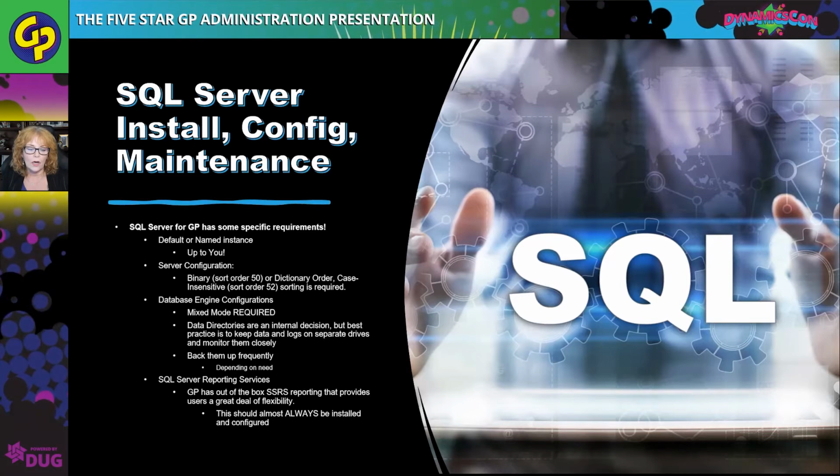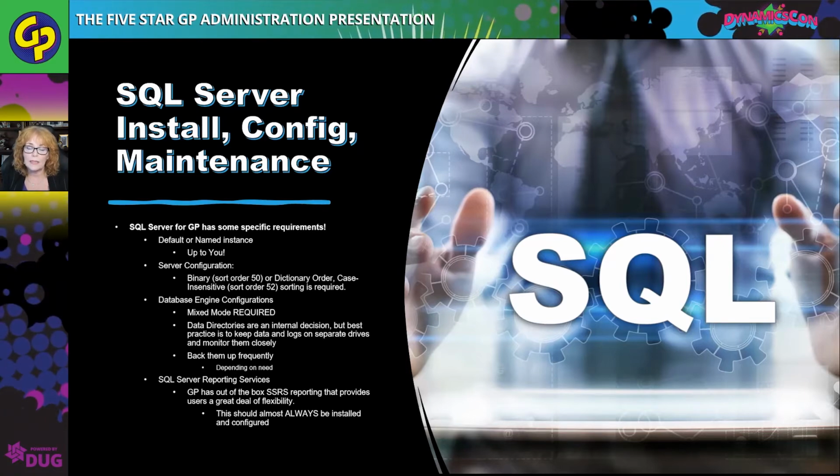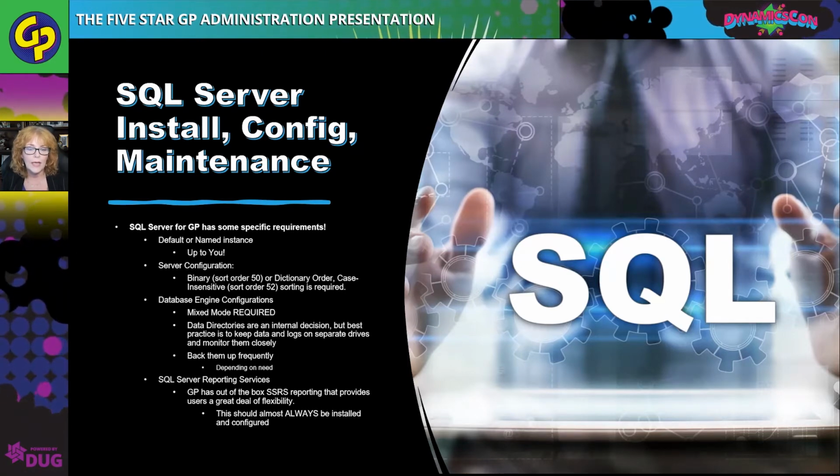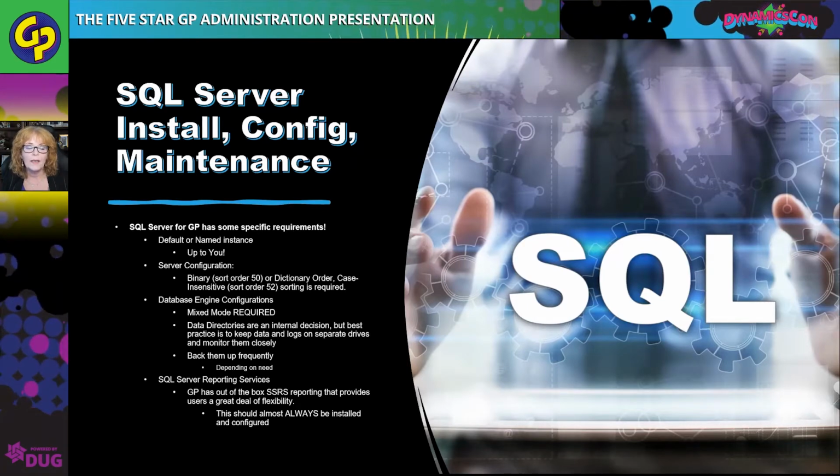When you install, I always recommend installing a number of things along with it, but SQL Server Reporting Services is one you should definitely always install during the SQL installs. That's because Dynamics GP comes with out-of-the-box free SSRS reports that can replicate all of the reports that are in Dynamics GP. And what does this mean for your organization?